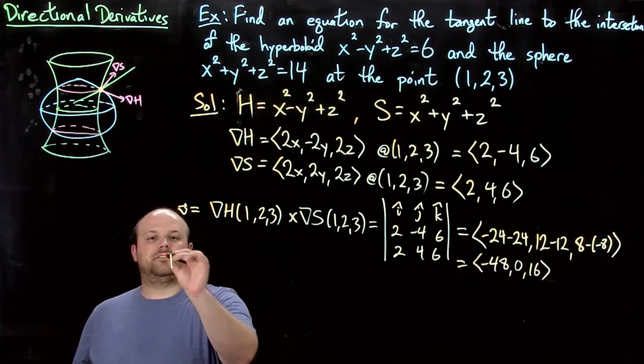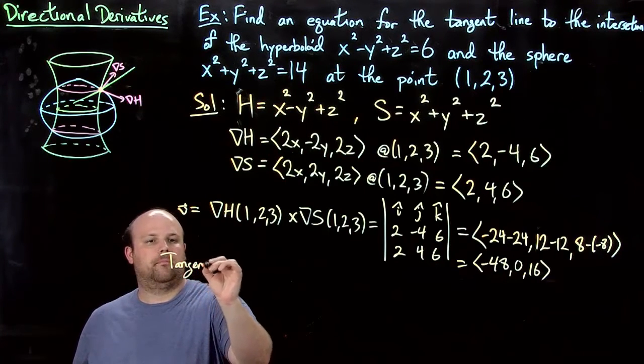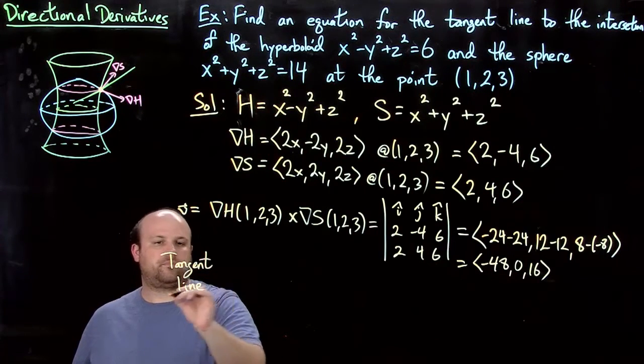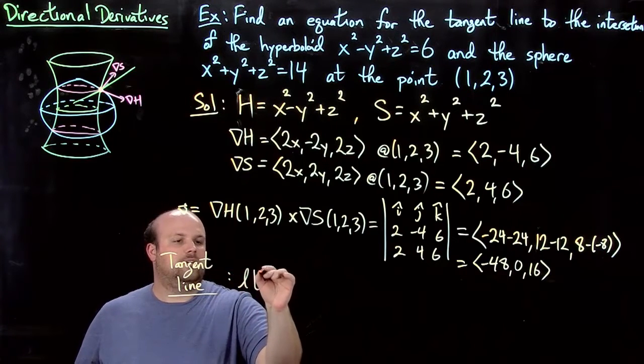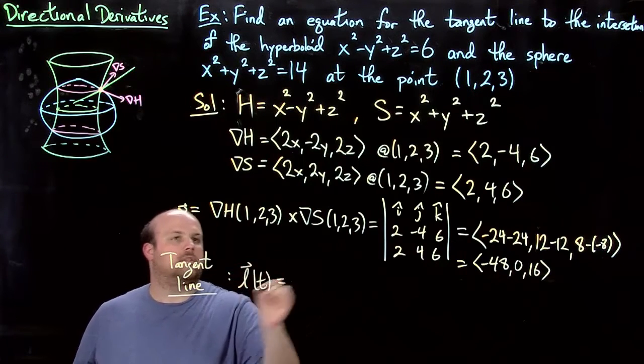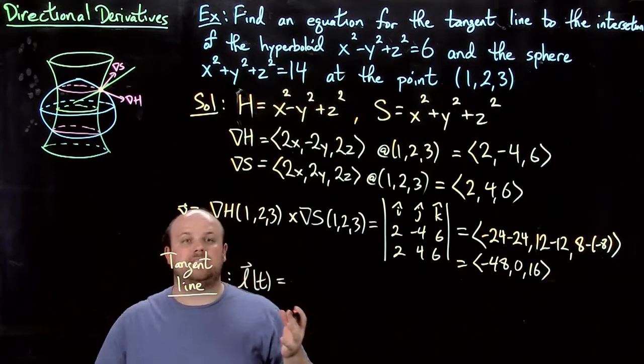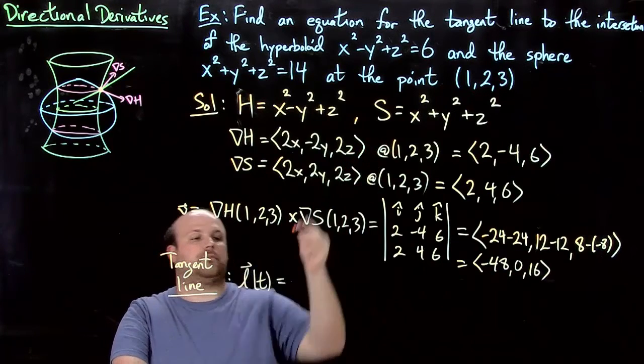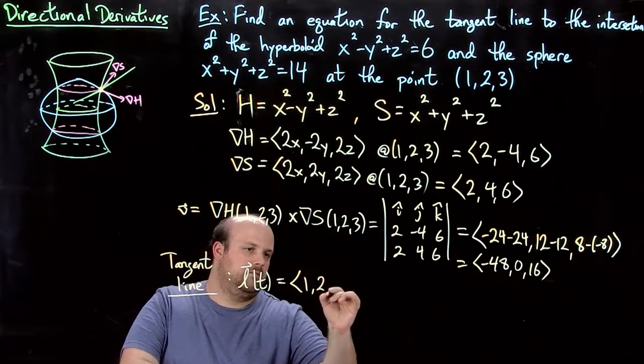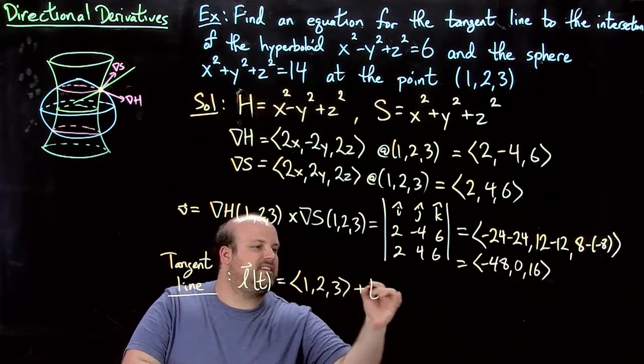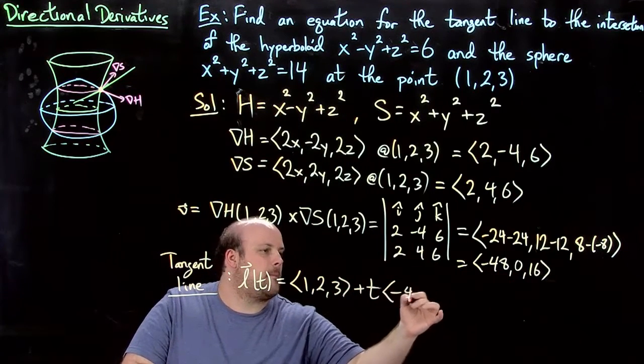So then the tangent line, L of t, is going to be the point on the line, 1, 2, 3, and we make it a vector, plus t times that direction.